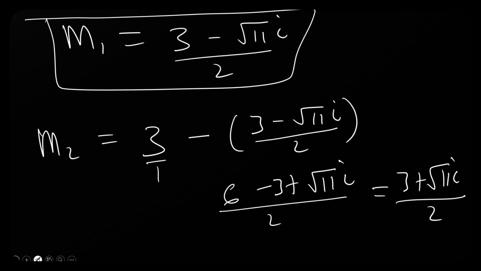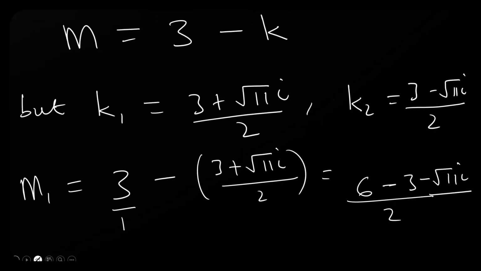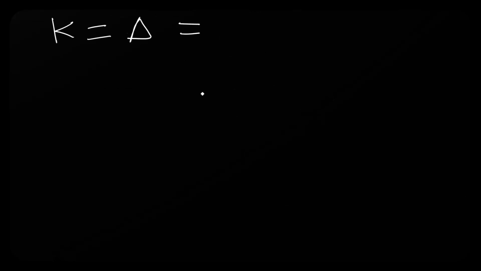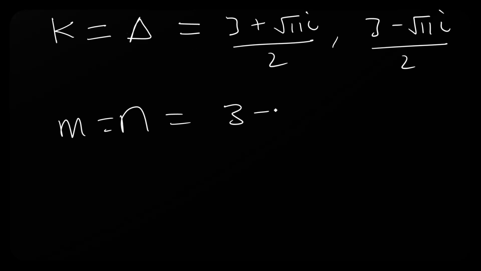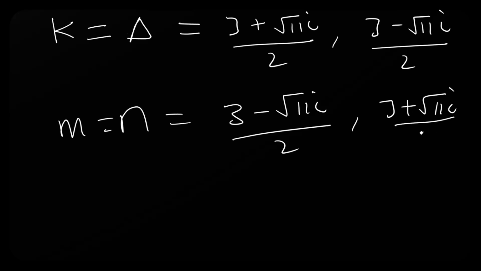That is 3 plus square root of 11 i on 2 and 3 minus square root of 11 i on 2. So my M, which is the intersection, so when K is this, this side will be 3 minus square root of 11 i on 2, and this side will also be 3 plus square root of 11 i on 2. So this one is symmetrical. Okay.